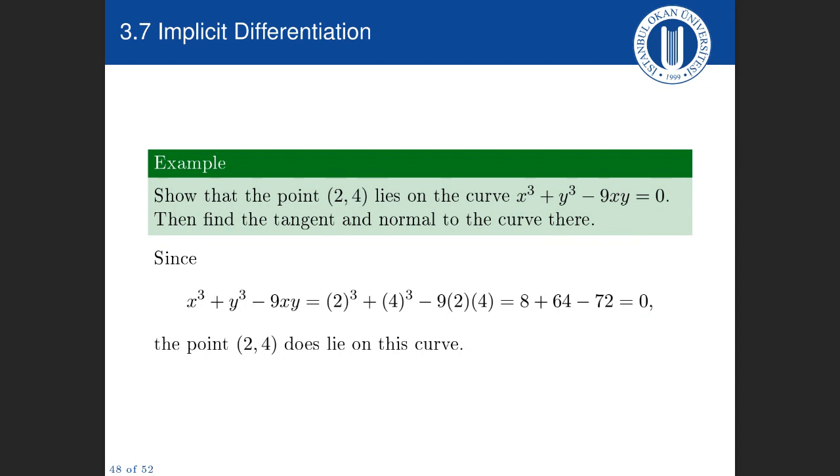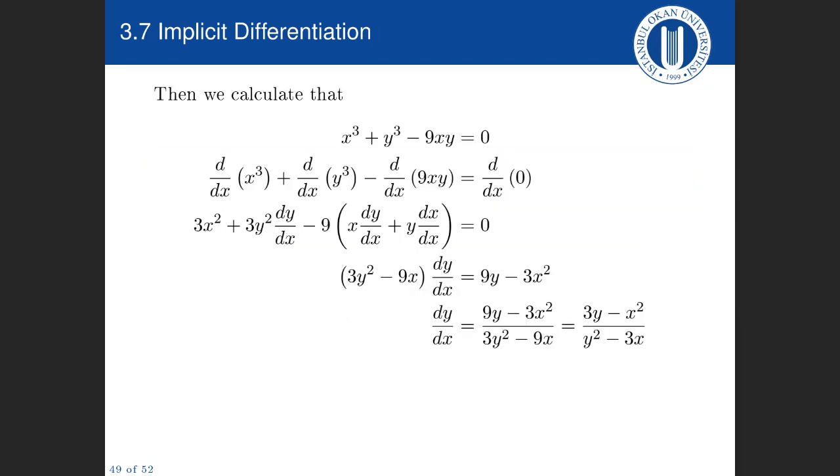First thing to do is to find the slope of the curve at the point (2, 4). So we're going to be doing implicit differentiation. Start with the equation and then differentiate everything. So that's 3x squared, and then the derivative of y cubed with respect to x: 3y squared dy/dx, minus the derivative of 9xy.